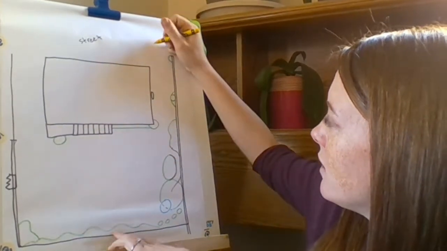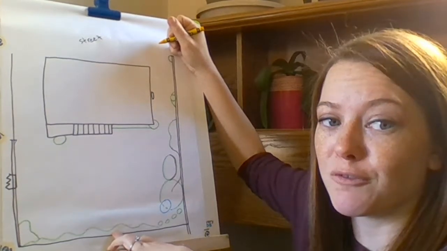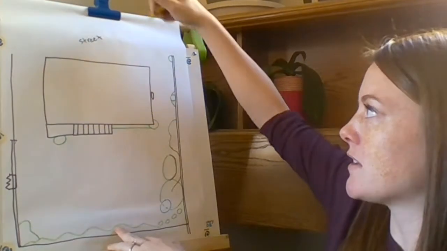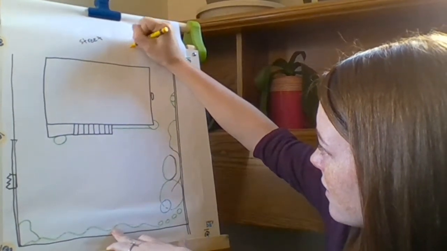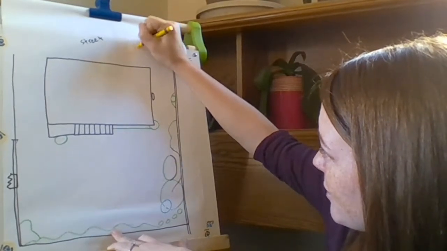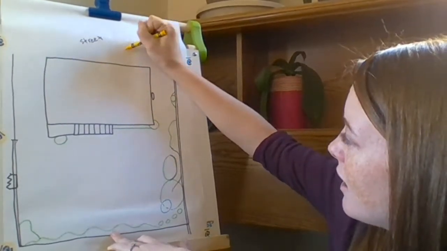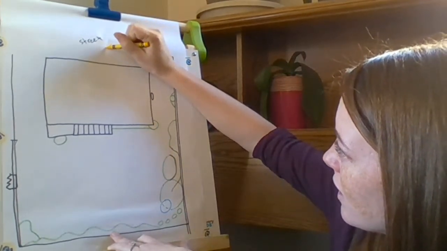So you want to put your sun orientation just somewhere out of the way. Don't draw it right here where you're trying to plan. So for me, I'm just going to put it up here. And I'm just going to make my little happy sun. Right, there he is. And I'm just going to put that he is actually going this way.